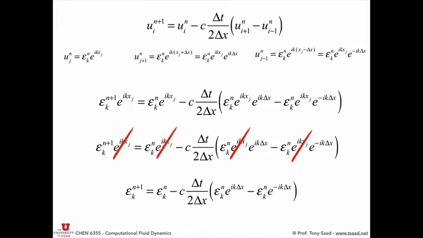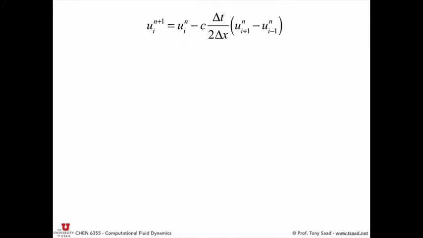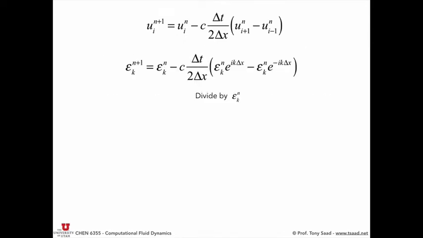Now we're left with the effect of delta x. See how we ripped that out? We are focusing now only on the effect of delta x, and we have a delta t, and we're looking for epsilon n plus 1 over epsilon n. So we divide by epsilon n, and you get epsilon n plus 1 over epsilon n. You get a 1 over here minus c delta t over delta x, and this term.